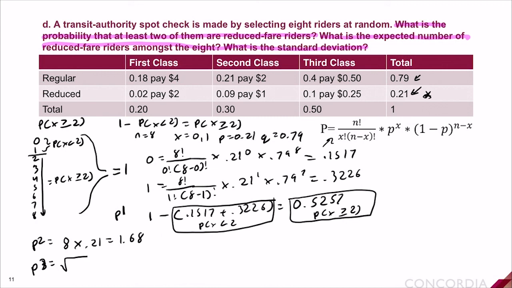It is the square root of n multiplied by p multiplied by q, which equals the square root of 8, since that's the number of riders we're testing, multiplied by p, which is 0.21, the probability of a rider being reduced fare, multiplied by 0.79, which is the probability of a rider not being reduced fare, and that gives us a standard deviation equivalent to 1.15.